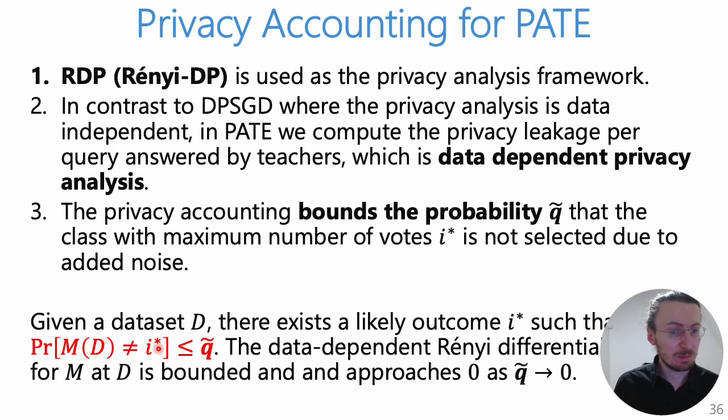And we want to bound the probability that this mechanism returns a class which is different than this max class from the teachers. So we have to consider this Q tilde probability bound, and in principle it is bounded, but we might still not return this correct class I star because of the privacy noise that is added to the histogram.